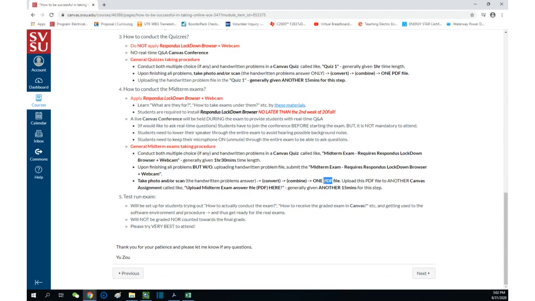What is the most convenient tool for you to do the scanning, including taking a picture and scanning? Any suggestions? Any experience here?